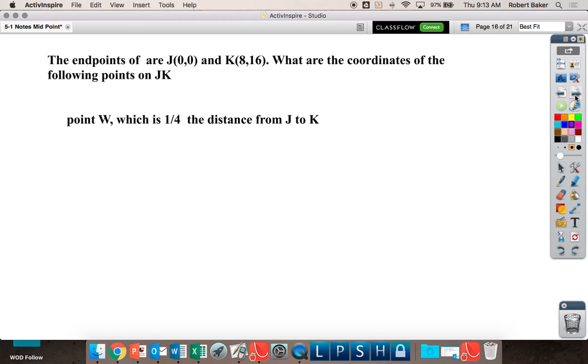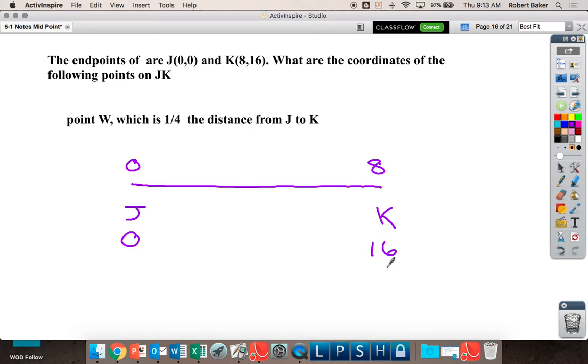1/4 of the way. So, allow me to use the same representation I was using earlier. You have a line segment, J, K. J is at 0, 0. K is at 8, 16.